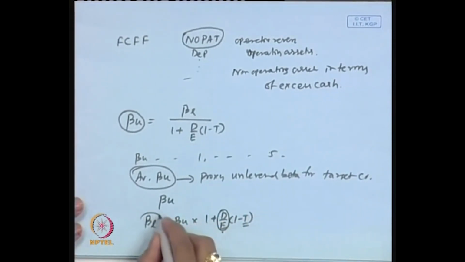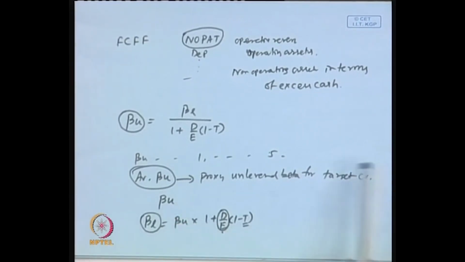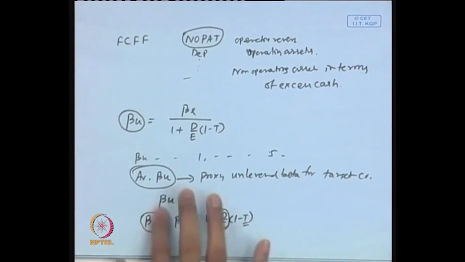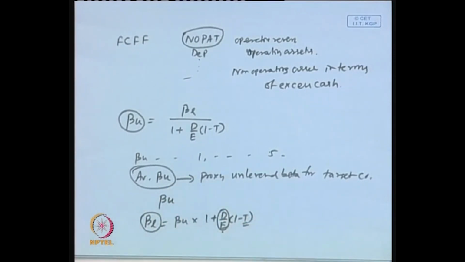So, this particular model is useful for those companies where the share price is not listed, an unlisted company, but we still like to use the CAPM, which requires the beta for that matter, and this beta can be used as a proxy for the beta in the CAPM model.